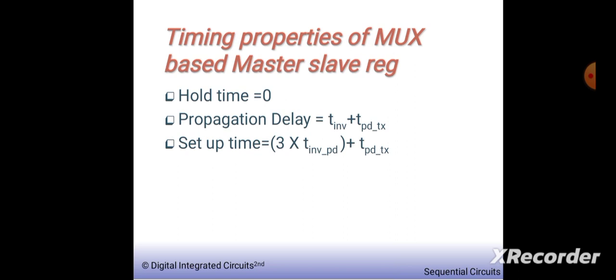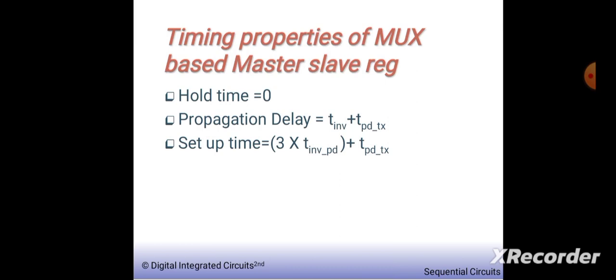When you take the timing properties of the mux based master slave register, we all remember that a register is used for holding and storing the data. So it is mandatory to analyze the hold time, propagation delay, and setup time.